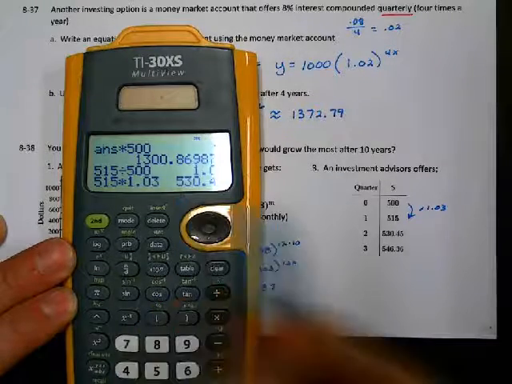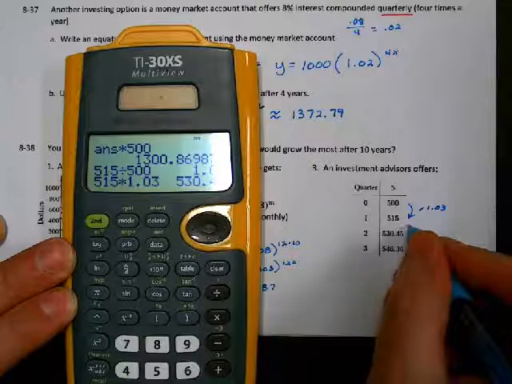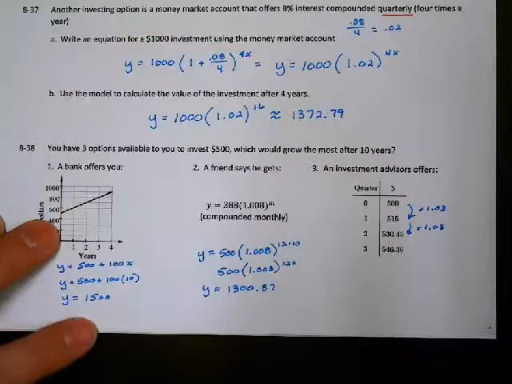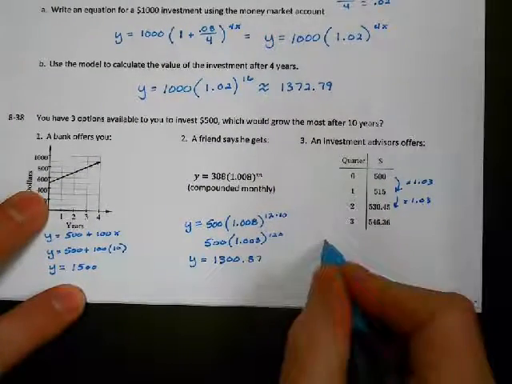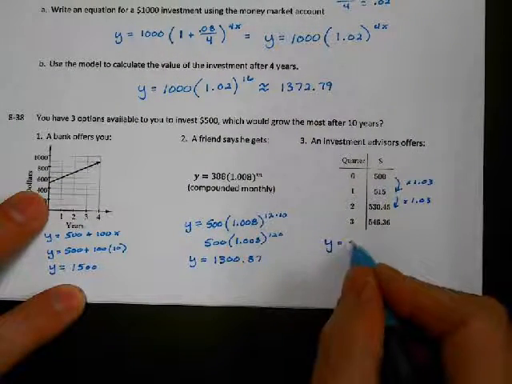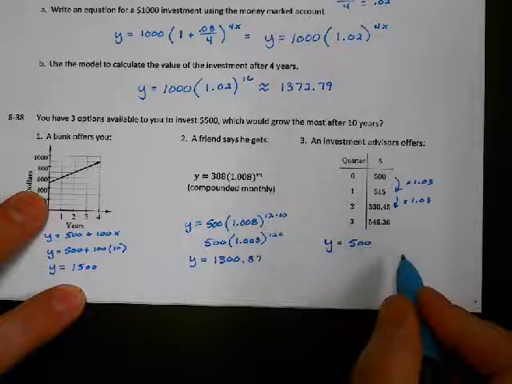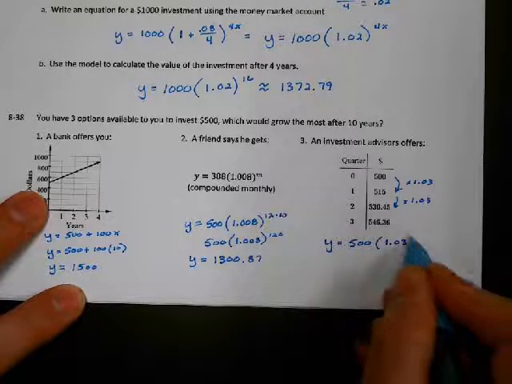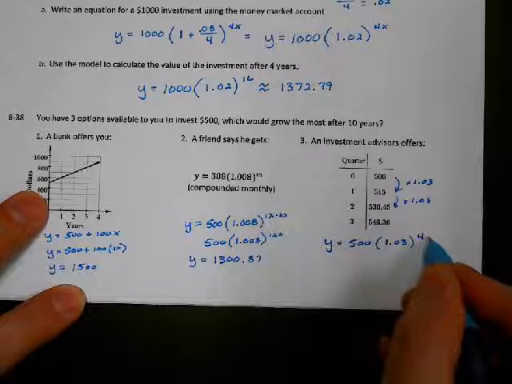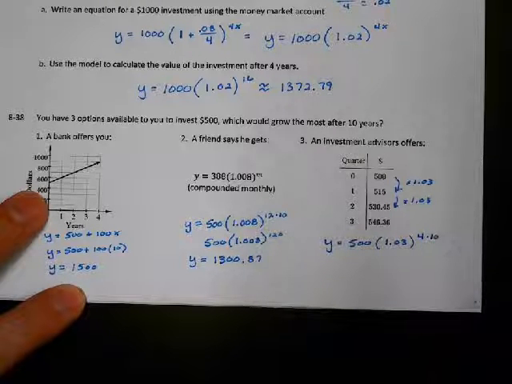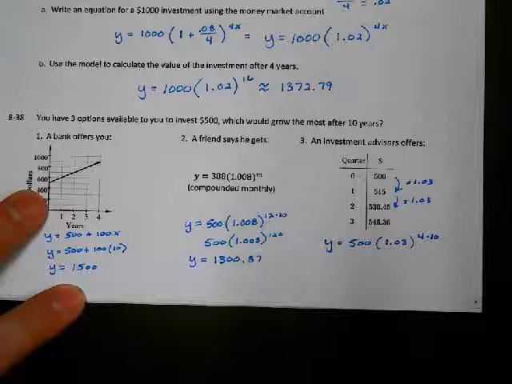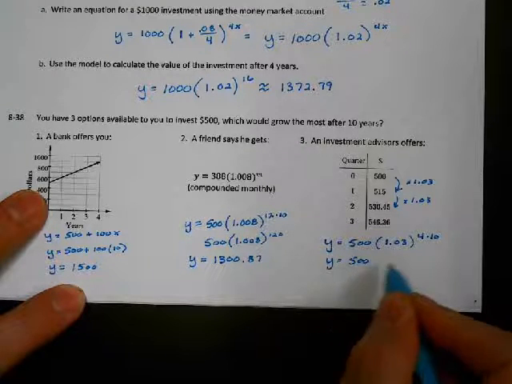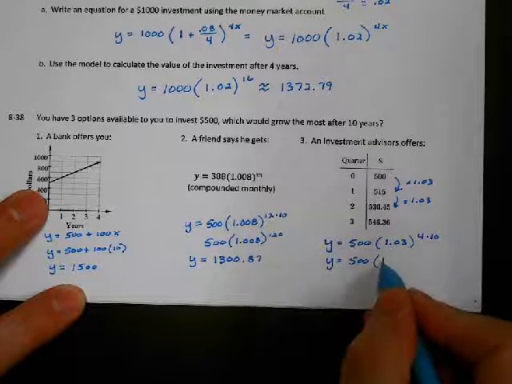All right, and this is quarterly. So for this one, we'd have $500 in there. The multiplier is 1.03. It's quarterly, so I'm going to do 4 times 10 years. So I end up with $500 times 1.03 to the 40th, because there's 40 time periods in 10 years since we're doing it quarterly.